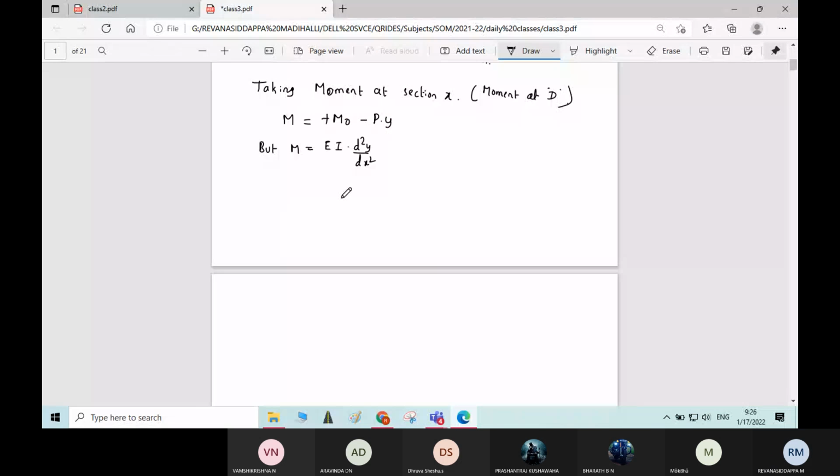Okay, now from both the equations we can write EI into d square y by dx square is equal to M naught minus Py.